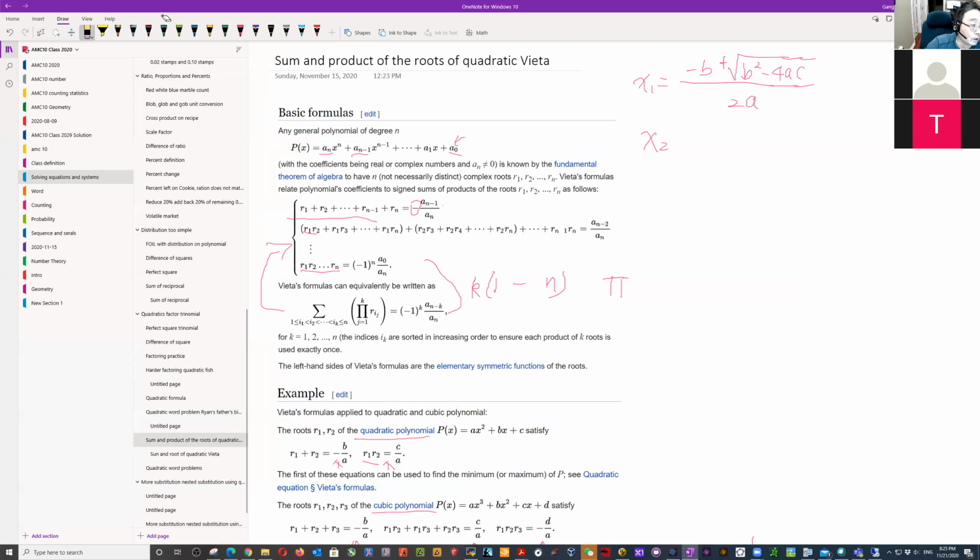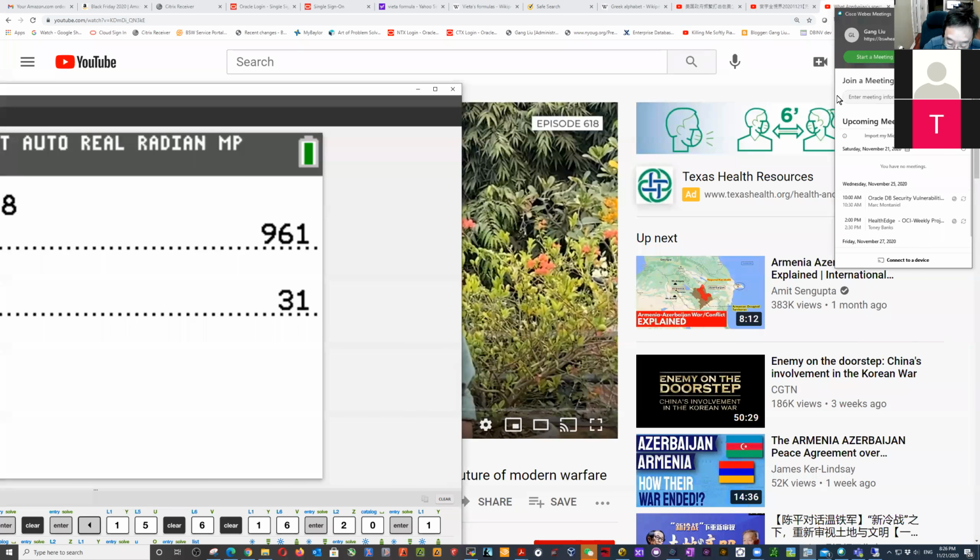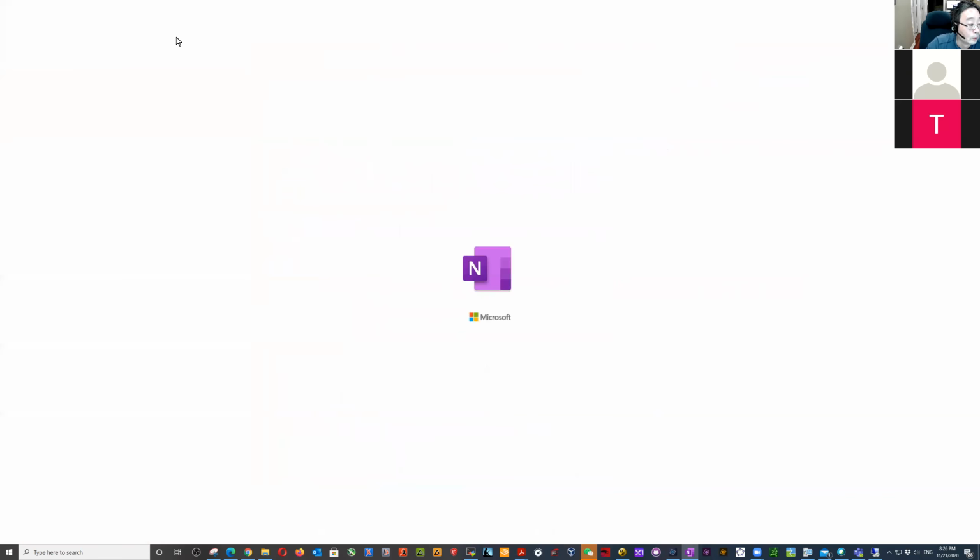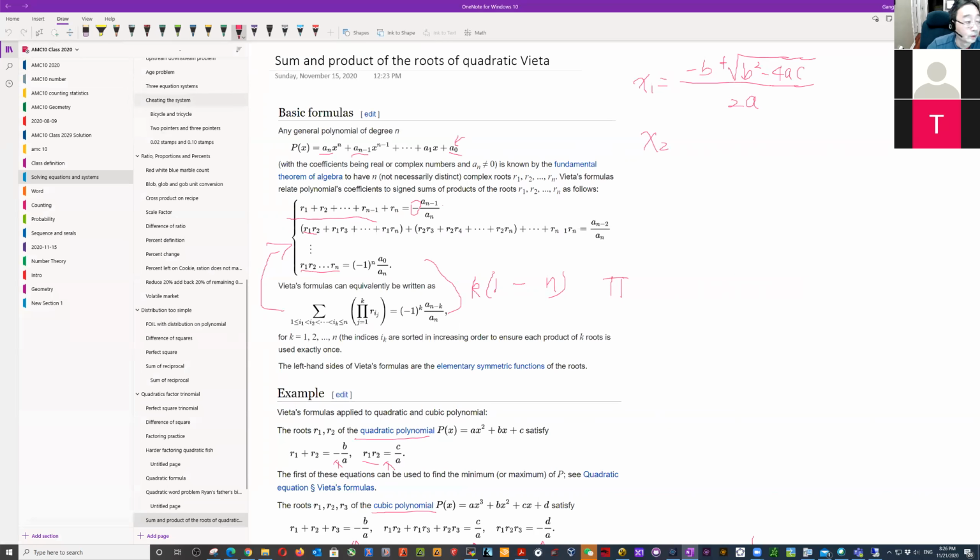I don't need the eraser. That's annoying. Let me close it and reopen it. So right now it should be gone.